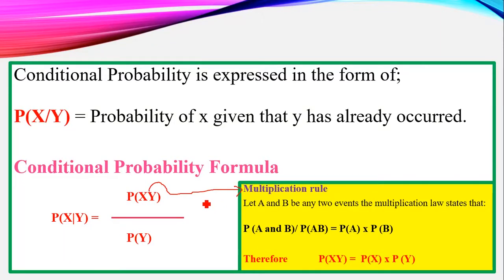What this rule states is that if we have two events, A and B, then by the multiplication rule, the probability of A and B, or what we are simply placing as the probability of AB, is given by the probability of A multiplied by the probability of B. Therefore, in our case, the probability of XY will be given by the probability of X multiplied by the probability of Y. Having gotten that, you divide it by the probability of Y and you have the conditional probability, that is, the probability of X given Y.